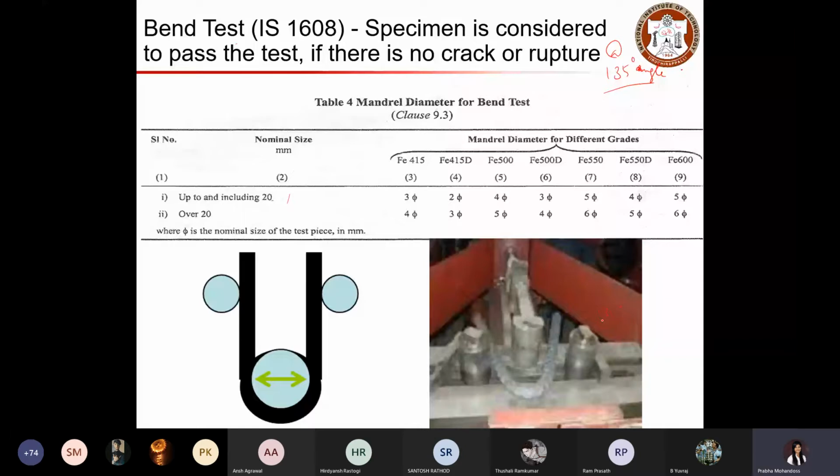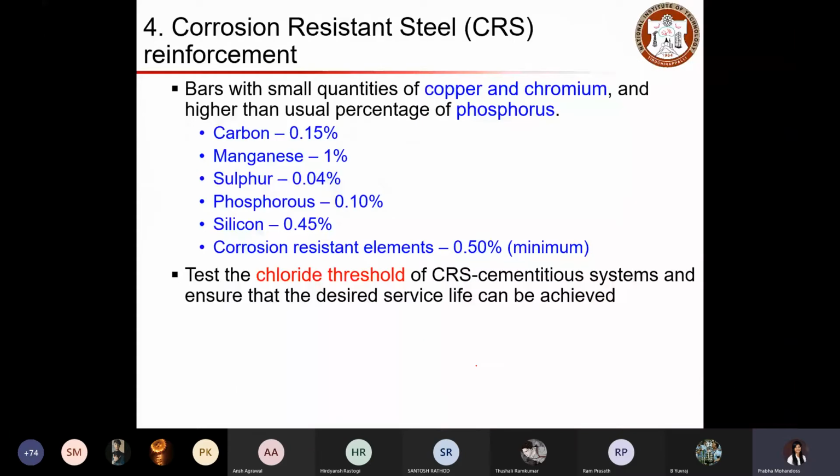That's it. So that's all about the TMT ring thing. So you have two phases: outside hardened surface, which is tempered martensite, and inside the core region is your ferrite pearlite part, which is responsible for the ductility of your TMT ring bar.